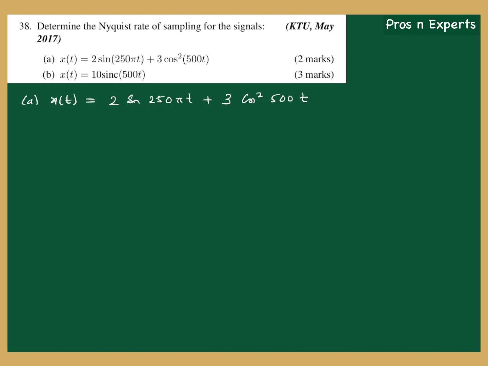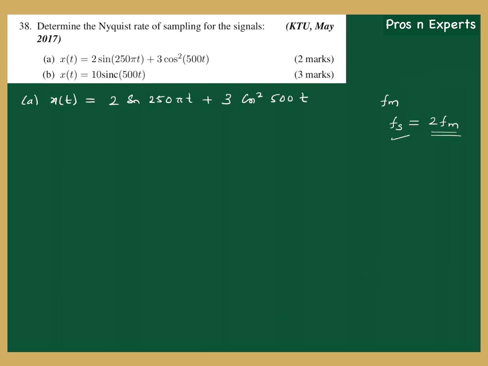All you have to do is identify the maximum frequency component in the given signal, which is fm. Now, if you get fm, the Nyquist rate is given by fs is equal to 2 fm. You find 2 fm, that is your Nyquist rate of sampling.